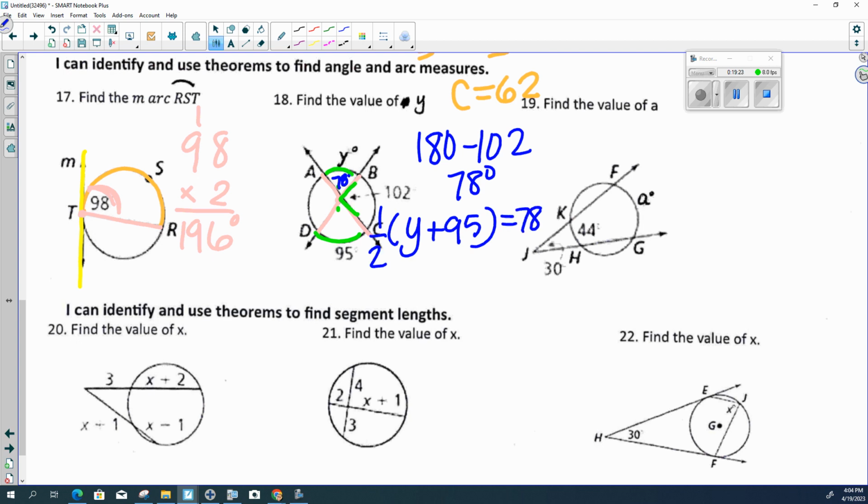Be careful on those. Those are hard ones, but I am adding them together. So let's get rid of the half first by multiplying both sides by 2. These are going to become a 1. And subtract my 95.